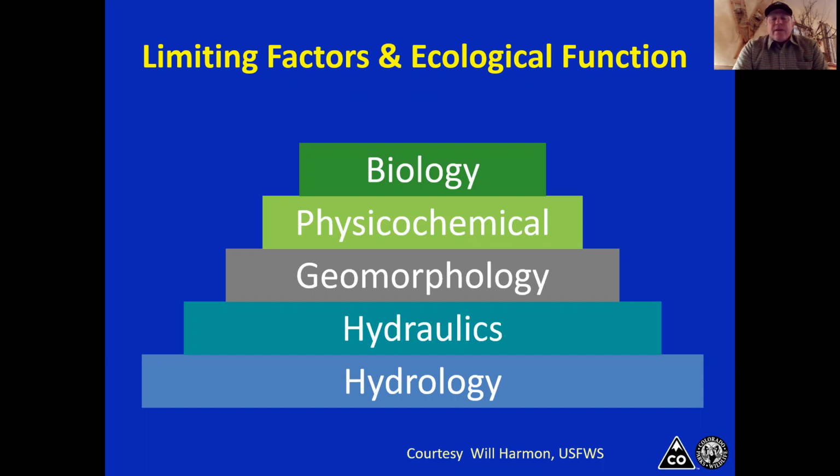Geomorphology is a fancy term for the shape of the actual channel. What does it look like? That can be in cross section, so if you took a stream and chopped it into small segments, or in terms of longitudinal profile, which is if you go from upstream to downstream and look at how much variability there is in the stream bed.